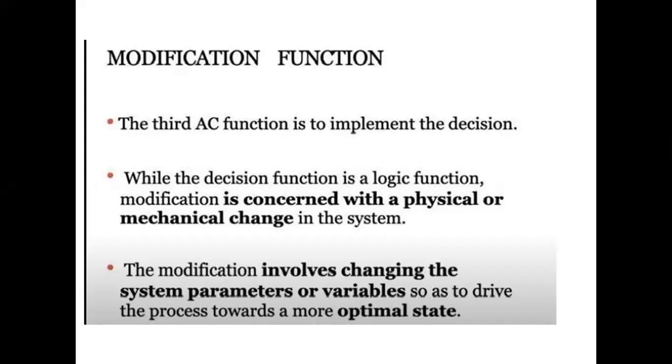Modification involves changing the system parameters or variables so as to drive the process towards a more optimal state. We're trying to change those process parameters so that we proceed towards a more optimal state. Is it clear so far?